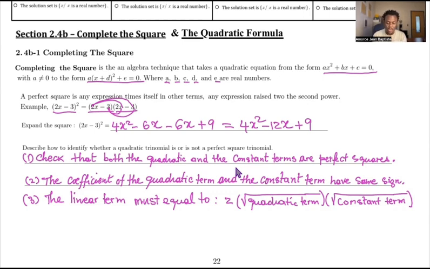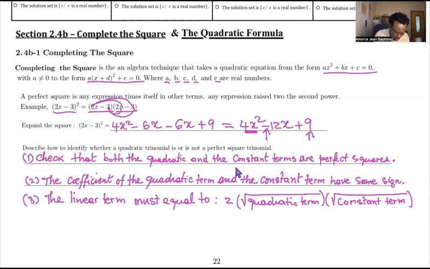In this case, as you can see, this expression 2x can be written as the square root of 4x squared, right? And this sign is the same sign here too. If it was a plus, then you would need a plus for this one. And then 9 is 3 squared.